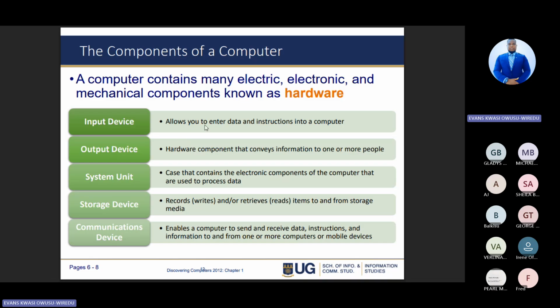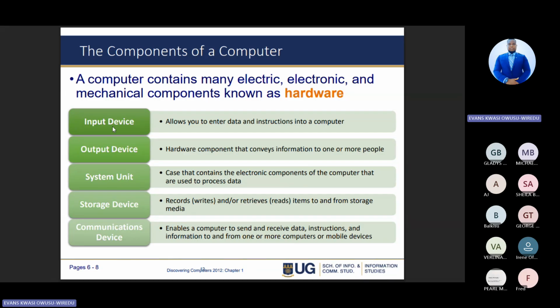All right. So the first one is the input device. These are the items that allow us to enter data and instructions into a computer. Like I said from the beginning, the computer receives instruction.